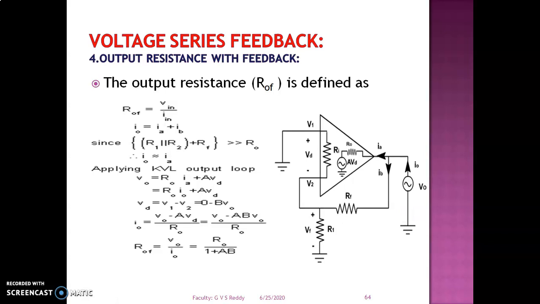The output resistance ROF is defined as ROF equal to VO, that is the source input, divided by IO.